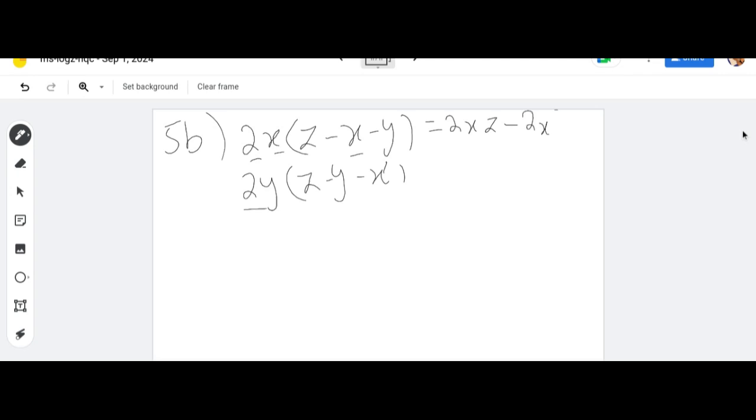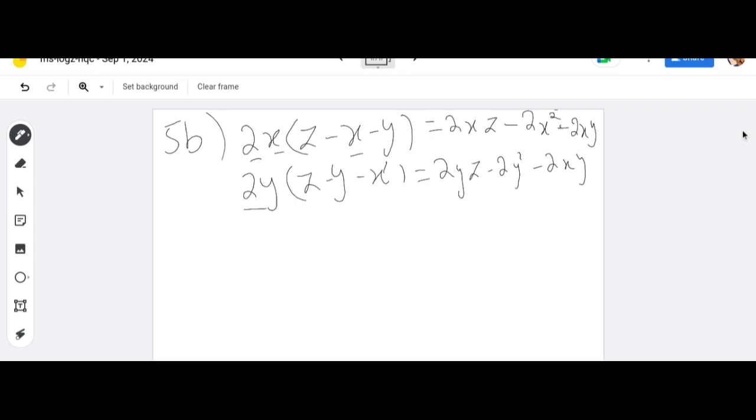Same thing for 2xy: minus 2xy. Same goes for y: 2yz minus 2y square, and here it is x, so it becomes minus 2xy. Got it?